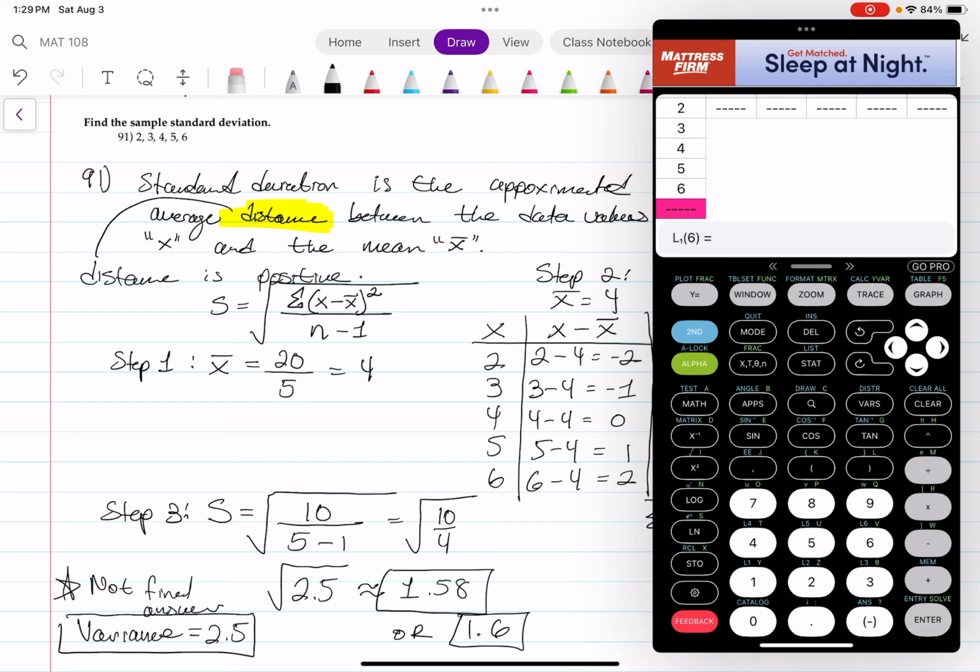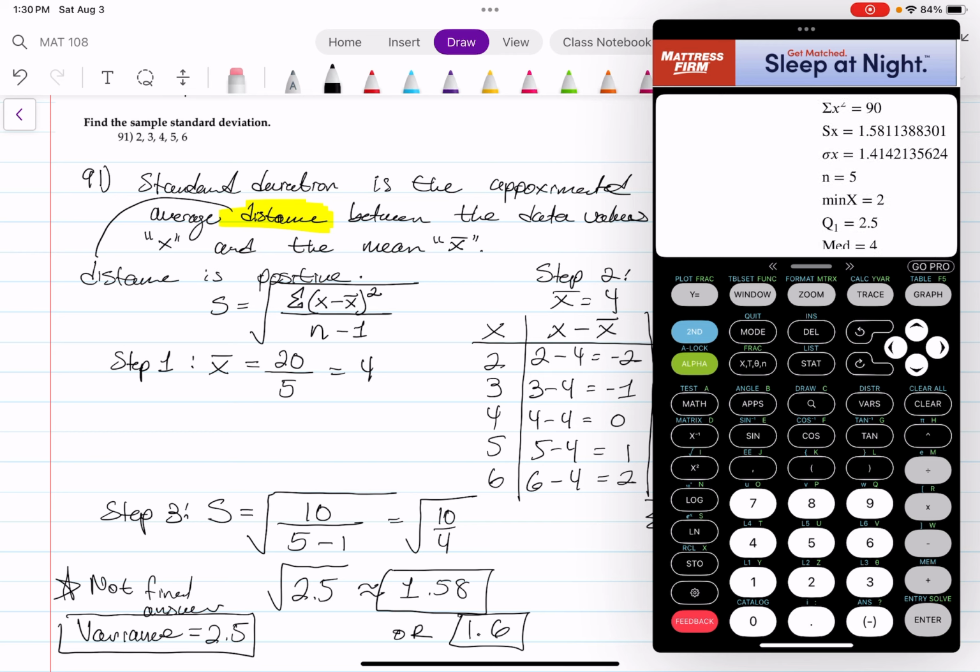You're going to then hit stats. You're going to go over to calc. One variable statistics again. There's no frequency list in this case, so you can leave it blank, or you can still put L2. Doesn't really make a difference. Well, the list is empty, so I guess you can't do that. So just leave it blank. If you're not using L2, just leave L2 blank.